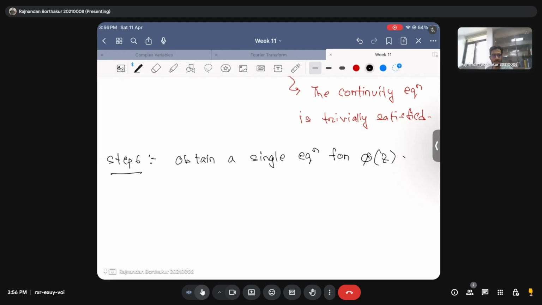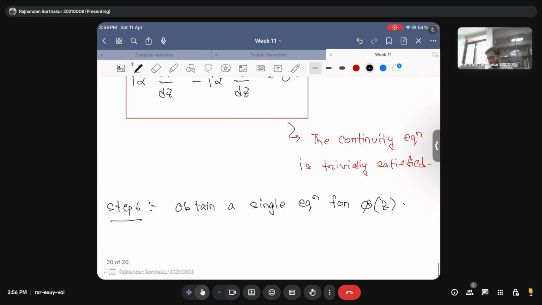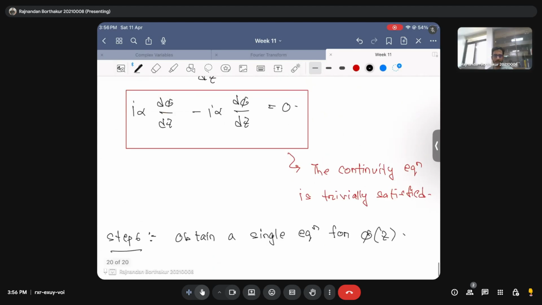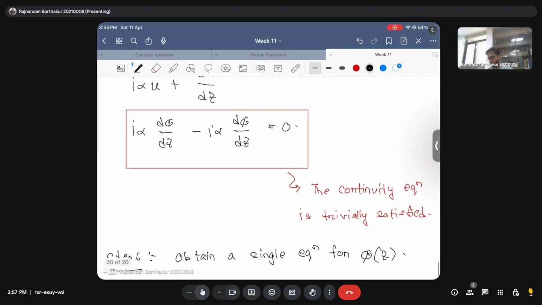And for that, we will be taking help of the x and z momentum equations of our problem. Again, I stop here for a couple of minutes. If you have any questions or suggestions, you can let me know.